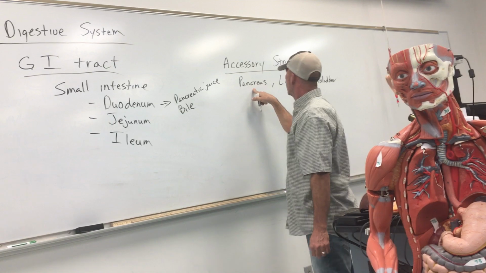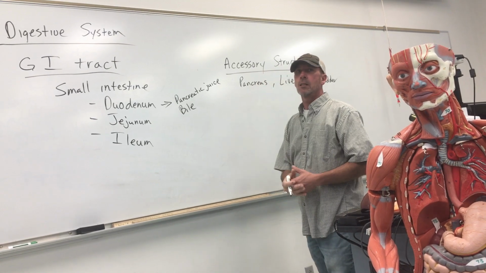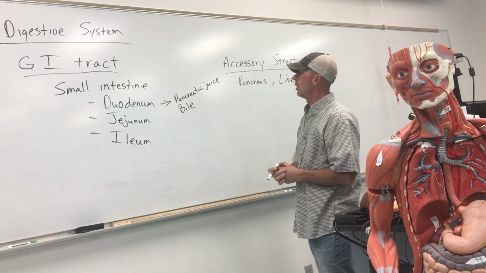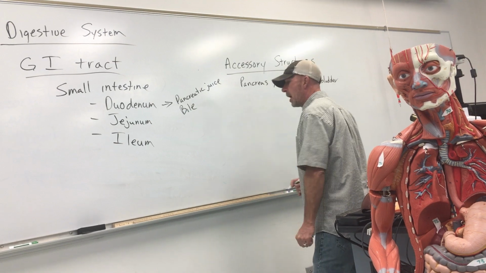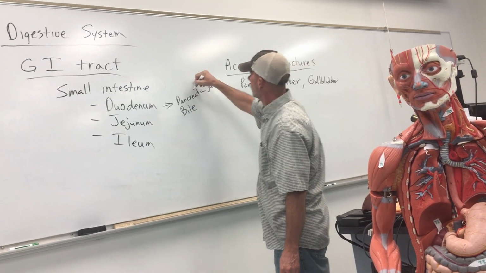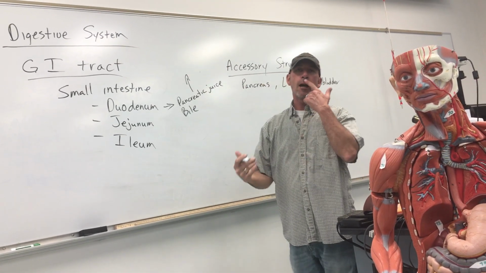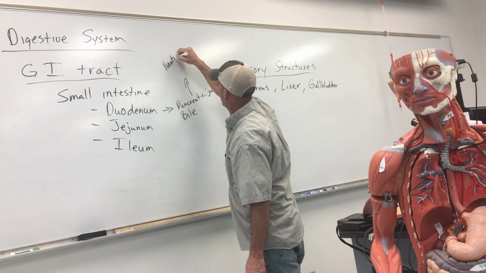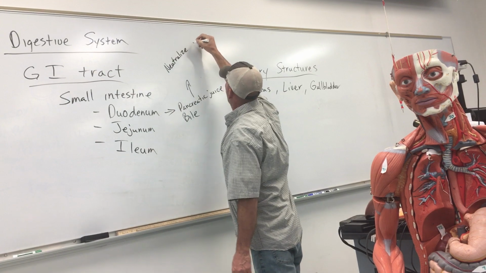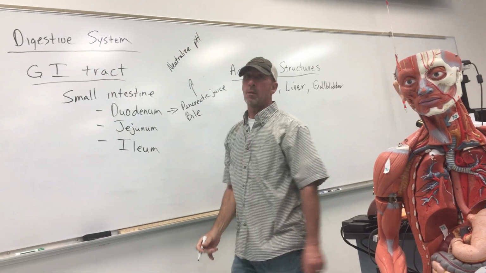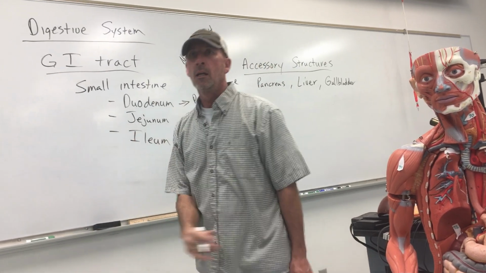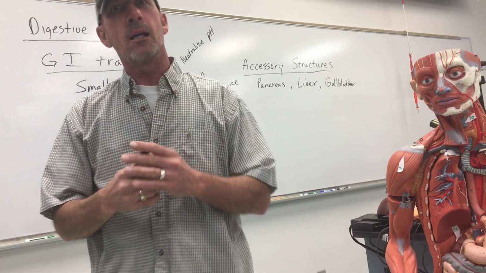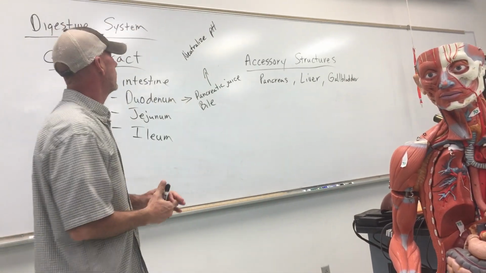All three playing a role here with the duodenum. Now, pancreatic juice has a couple major functions. One of the major functions of pancreatic juice is that it is going to have to neutralize that pH. Remember, coming out of the stomach, that chyme has a high acidity.